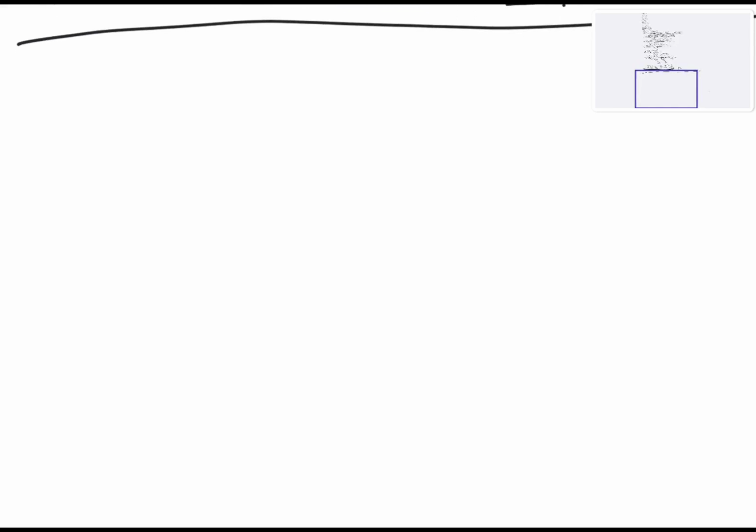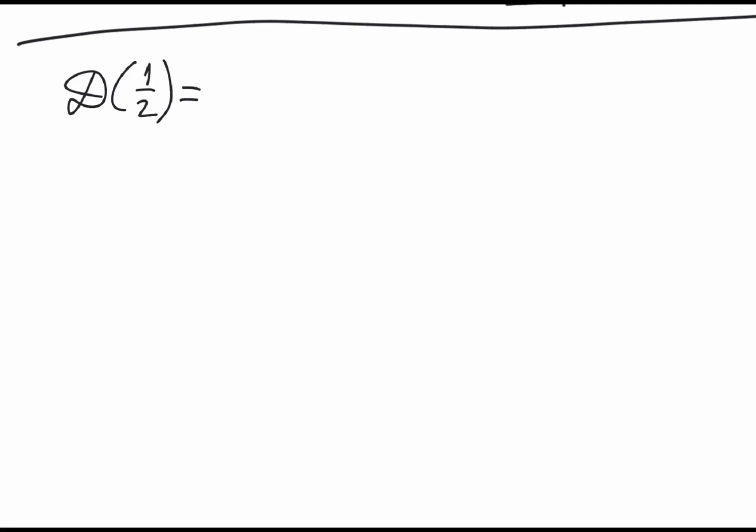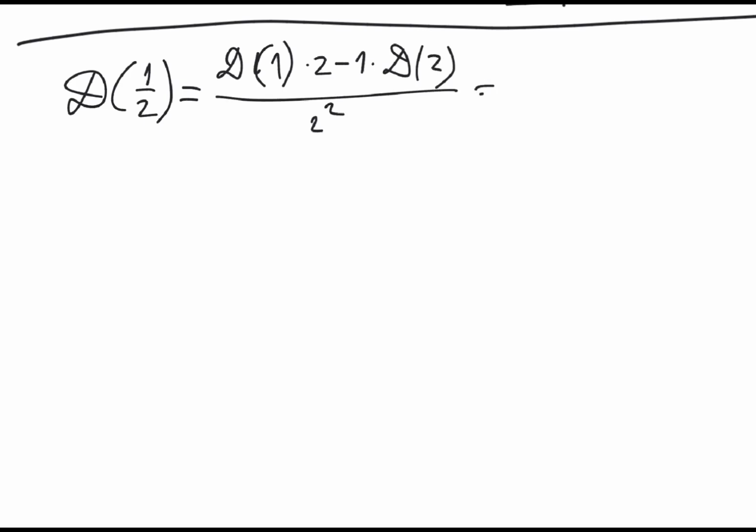to calculate the arithmetic derivative for some rational numbers. So let's calculate d of 1/2. So by definition this is d of 1 multiplied by 2 minus 1 multiplied by d of 2 over 2 squared, right? So 2 squared is 4, and d of 1 is equal to 0.